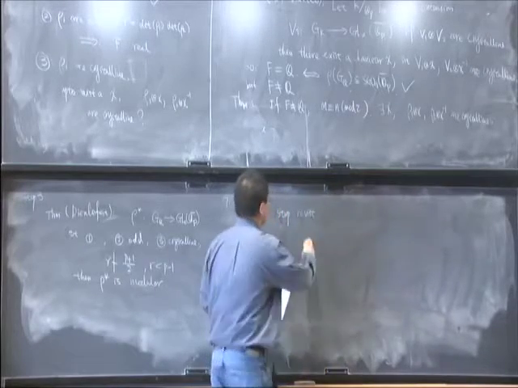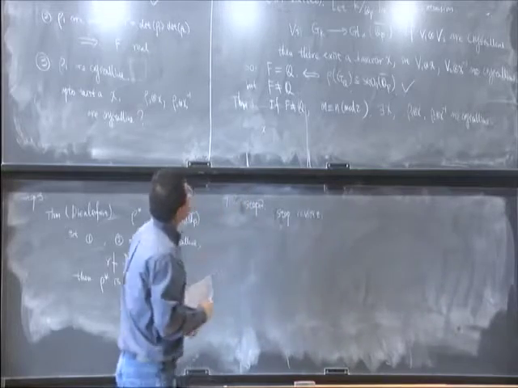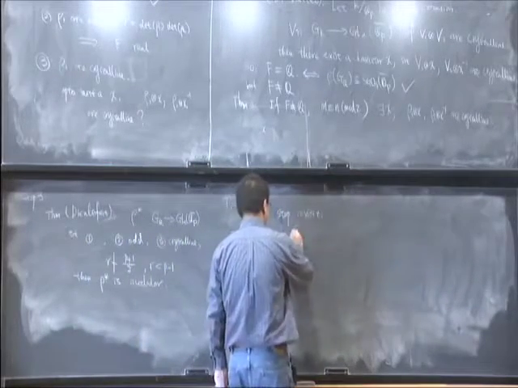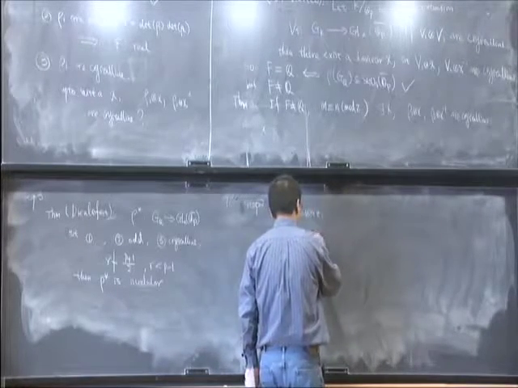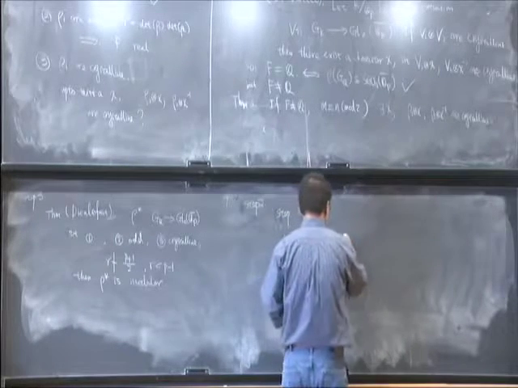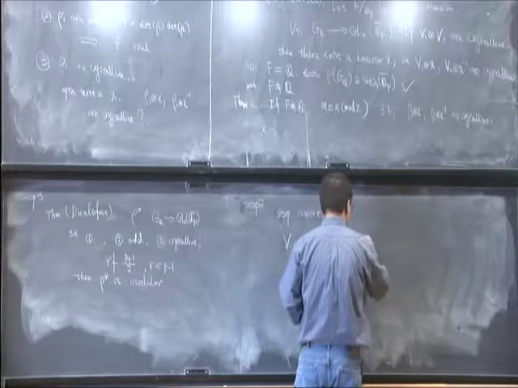Okay, so let's see something about that theorem. The idea is that if you get any representation V, then there exists a chi such that V twist chi is Hodge-Tate.